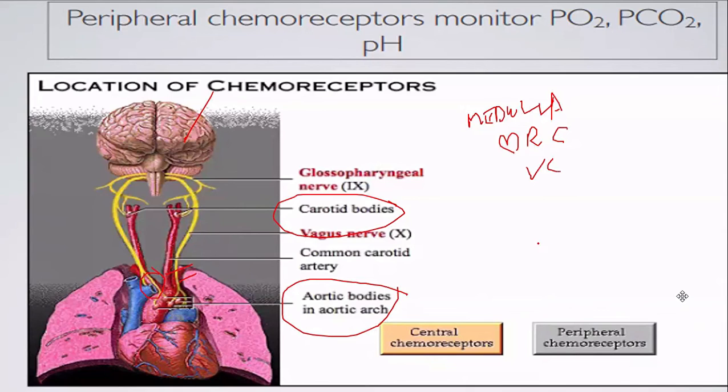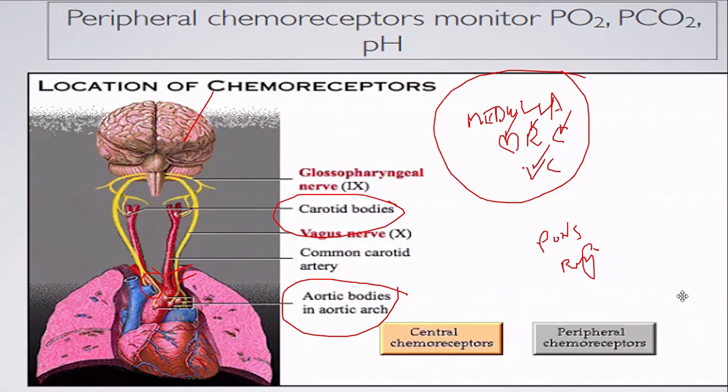Well, the pons could also be a respiratory center. Pons is also a respiratory center. But when we say the cardiorespiratory and vomiting center, it is the medulla oblongata.